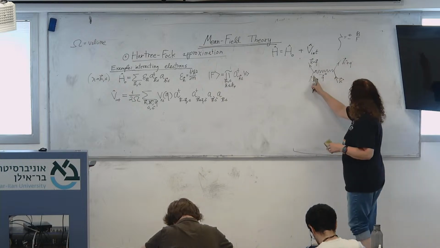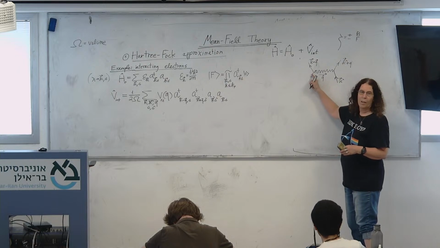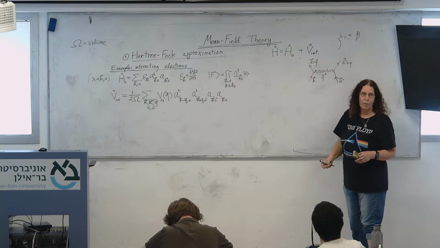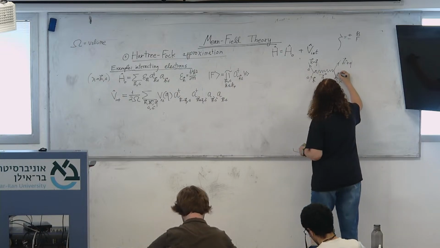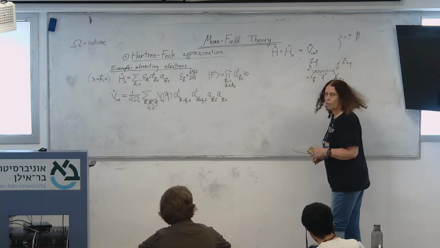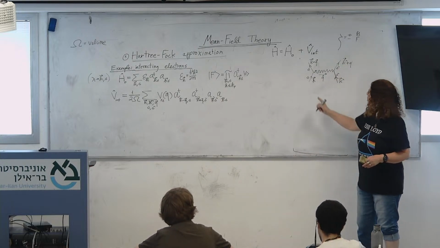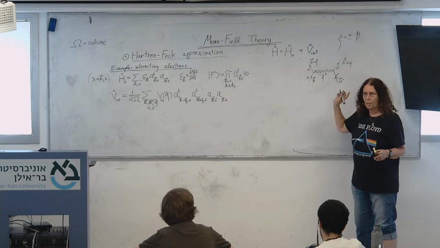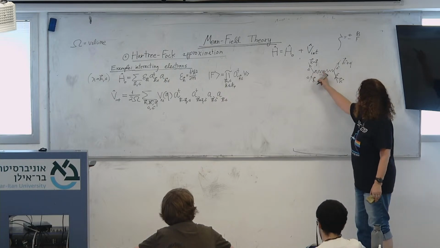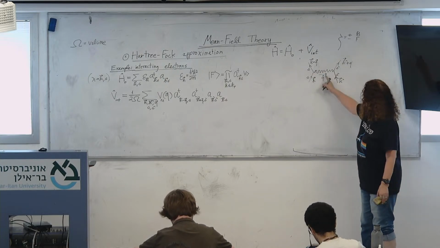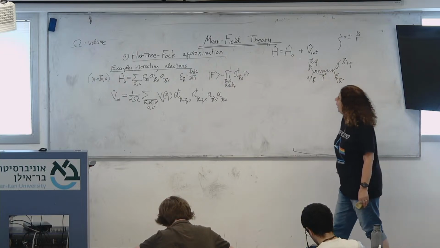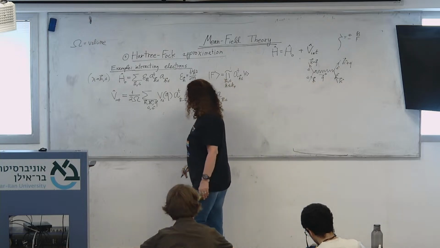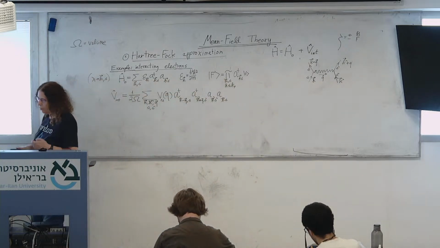And notice, by the way, that in this process the spin doesn't change. So this is some spin sigma, and this is also sigma, and this is sigma prime, and this is sigma prime. It doesn't change, because in the process the spin is not affected, just the momentum. And there is momentum conservation. That's why there are only 3. So this is what it describes, the interaction term.